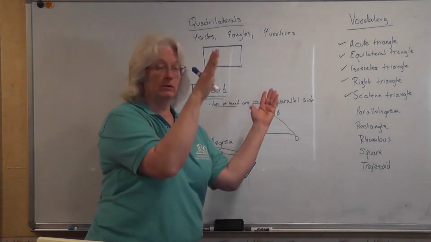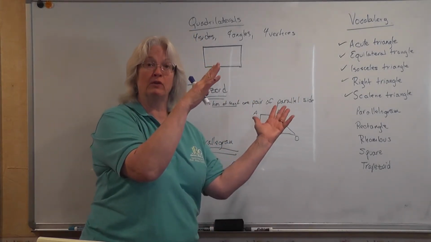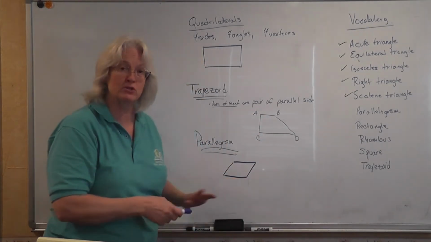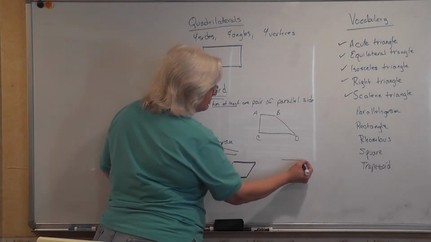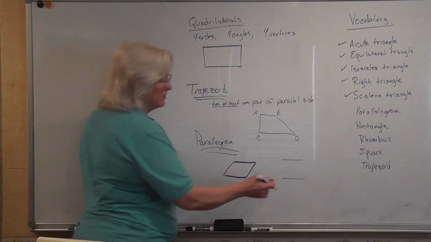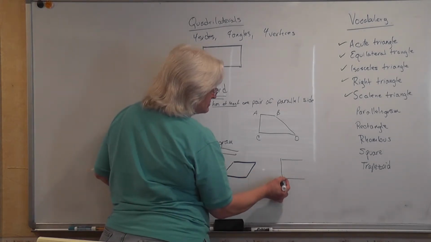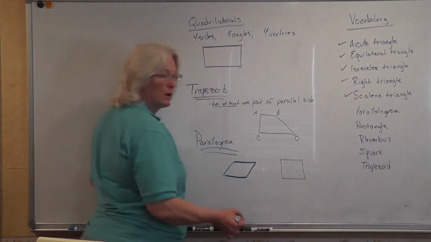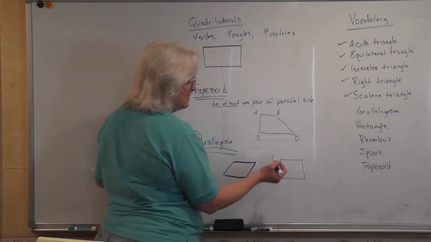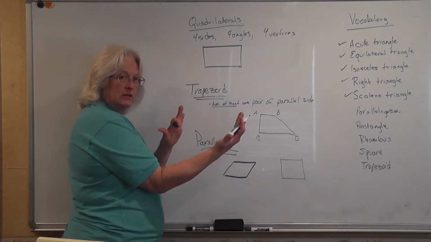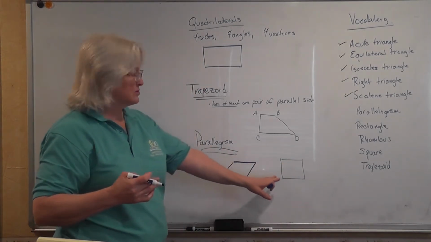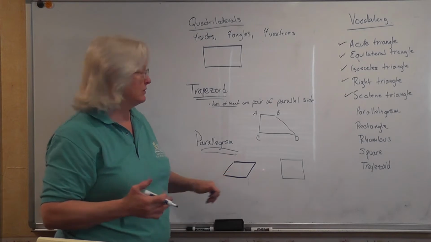That leaning barn is a good visual memory jog for what a parallelogram is, because when that barn started off, the roof was parallel to the floor. The sides were parallel to one another, like a square or a rectangle. But over time it leans over to one side. So the sides are still parallel to one another, but they don't have square sides. So this is what a parallelogram is.